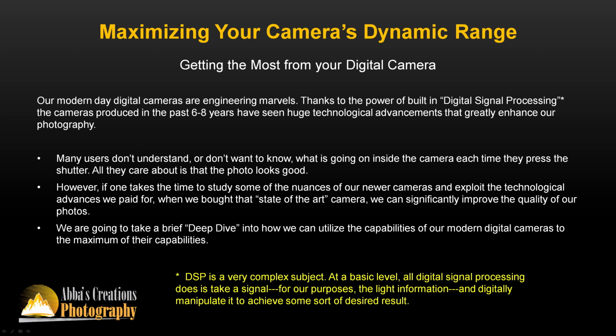Our modern-day digital cameras are very technically advanced compared to what we had back in the film days. In the past 6 to 8 years, digital signal processing has even further enhanced the intermediate and prosumer cameras many of us are shooting these days. Yet, a disappointingly large number of users choose to underutilize the powerful tool they hold in their hand.